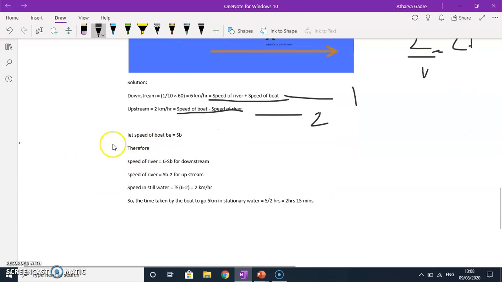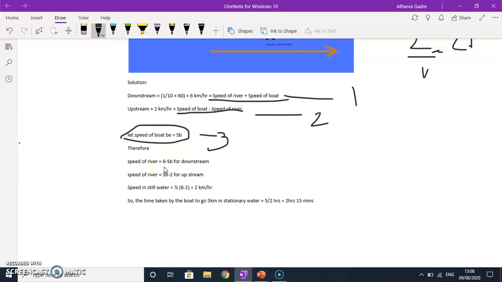Let us assume that the speed of the boat is SB, like we have assumed here, and we will be substituting this equation number 3 into equation number 1 and 2. So equation number 1 and 2 become like this. Downstream, the speed of the river is 6 minus SB, and upstream SB minus 2. We have to find the speed of the river, so we have to remove one of those variables.